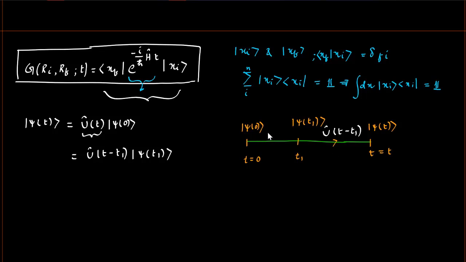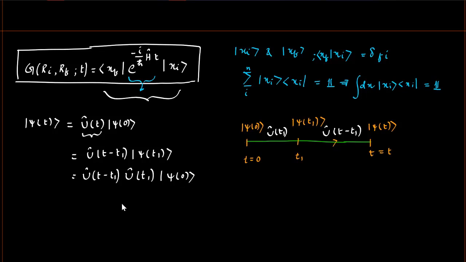Similarly here this is nothing but t1 minus t0, that is the U of t1. So I can also write this as U of t minus t1, and I can express this term as U of t1 into our initial eigenstate.